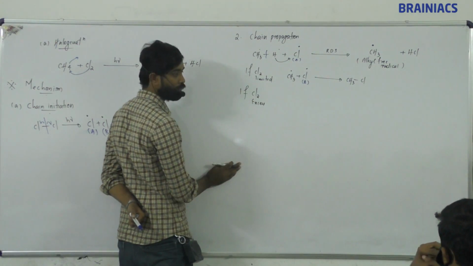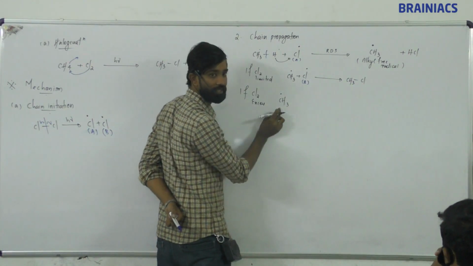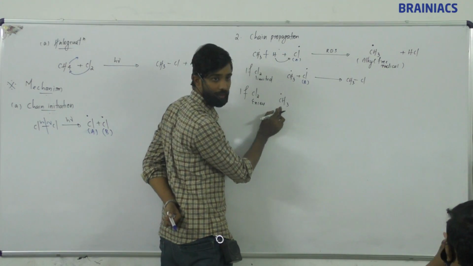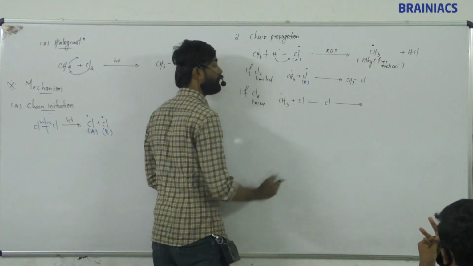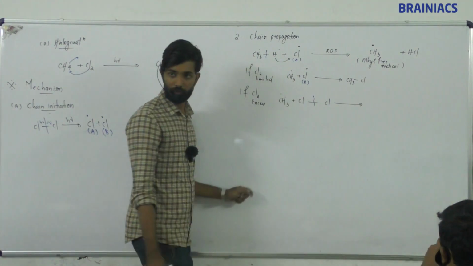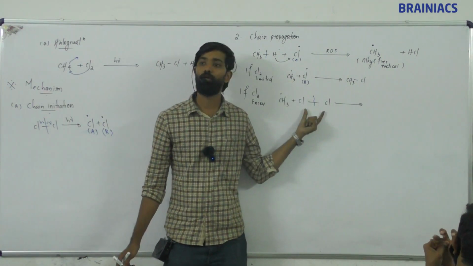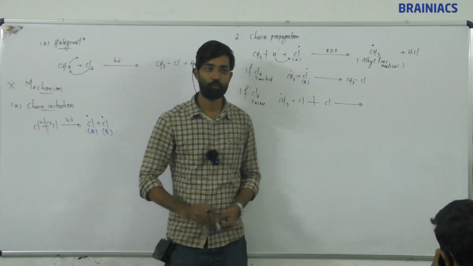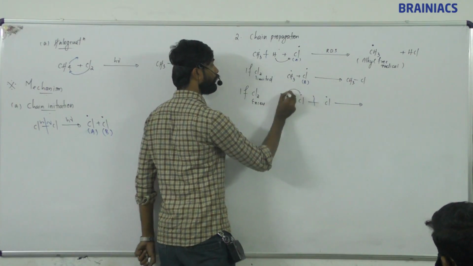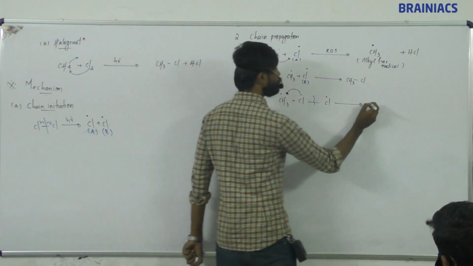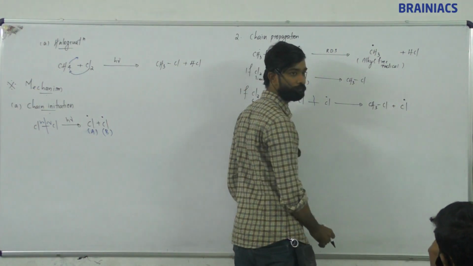If there is excess chlorine, this CH3 radical homolytically cleaves the next chlorine to proceed the reaction. So we get CH3Cl plus a free radical.